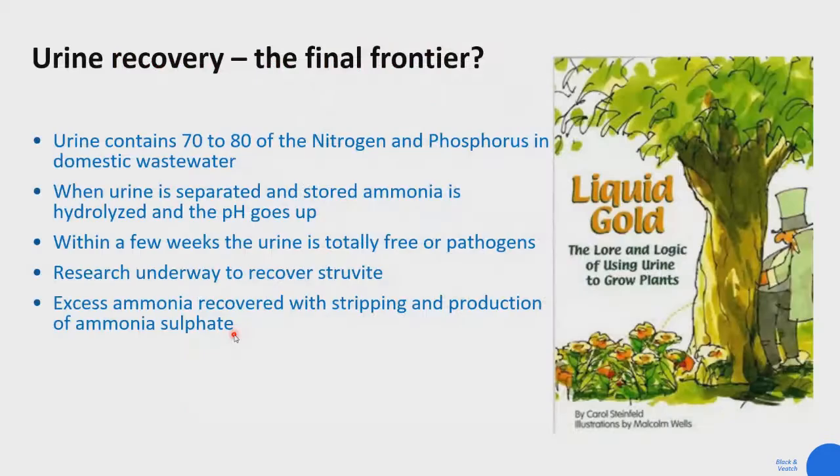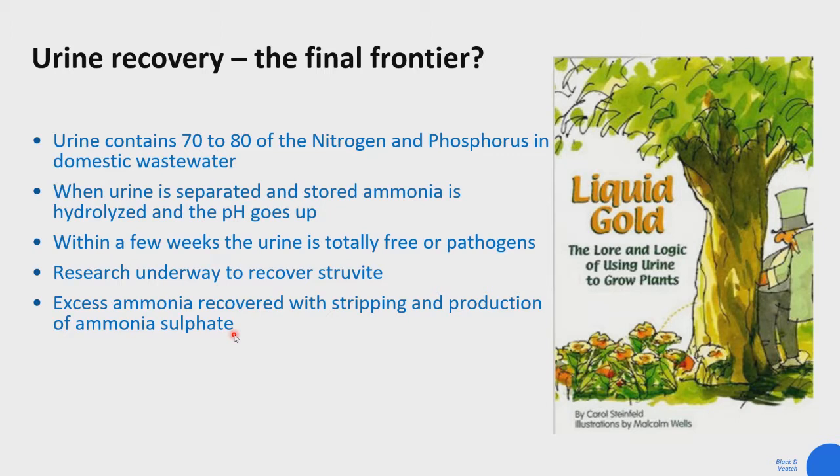The final thing is urine recovery as the final frontier. We just wanted to throw it out there to whet your appetite for liquid gold. Urine has most of the nitrogen and phosphorus in our wastewater. Rather than spending all this time trying to treat the phosphorus and nitrogen at the wastewater treatment plant, if we did urine separation and collected that urine, we wouldn't have to put so much effort into biological phosphorus and nitrogen removal, and we could use that as a direct fertilizer.